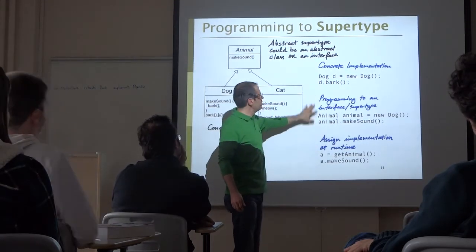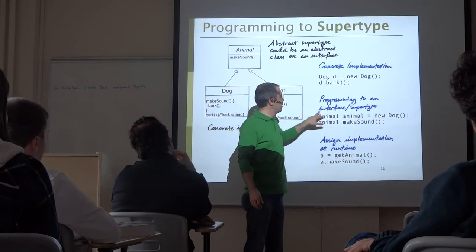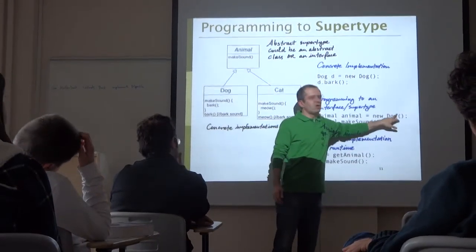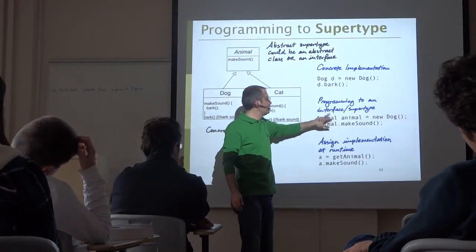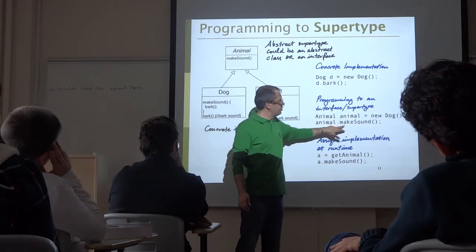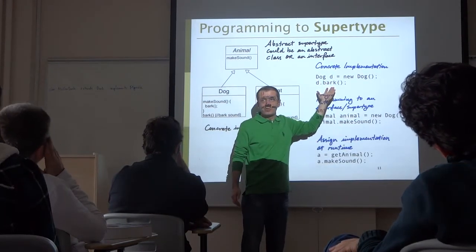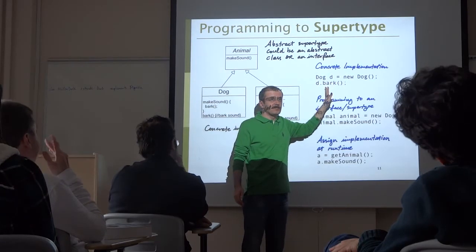When it is an interface super type, you have this animal, and you use dog here. This is the super type, and this is the dog. So animal makes sound, because we don't know if it is barking or quacking or just making another sound.